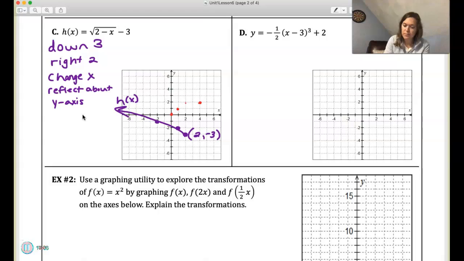D is a cubic. Remember, our cubic graphs look like this. Normal behavior is right there. I have a minus 3 happening inside, so that means we're going to be moving to the right 3.